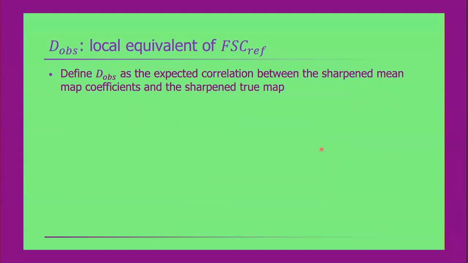Okay, so we can put those together. Once we've got the signal power and the noise power, we have an estimate for each individual Fourier term. And we can then weight the reflections using something that we call diobs, which is basically a reflection by reflection, Fourier term by Fourier term equivalent of the FSC ref, so the FSC to the true map.